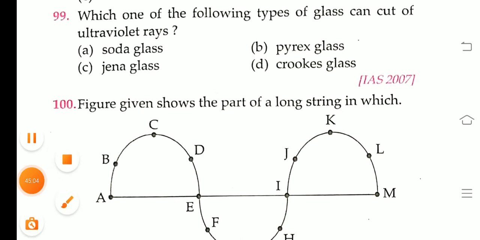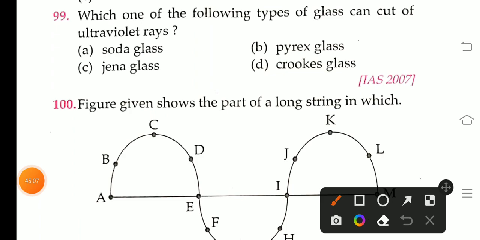Next, which one of the following types of glass can cut off ultraviolet rays? Right answer option D, Crookes glass.